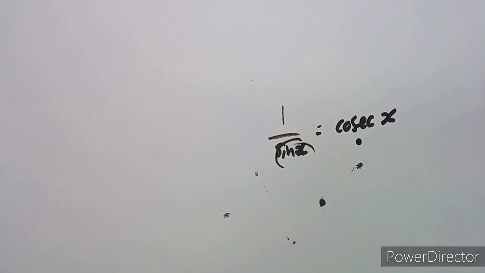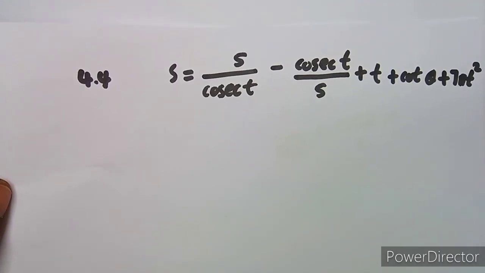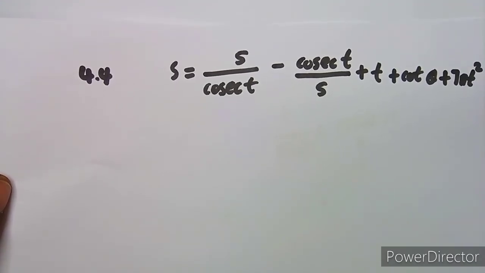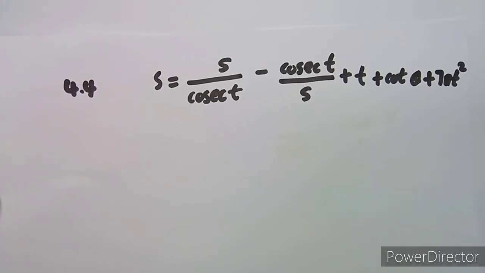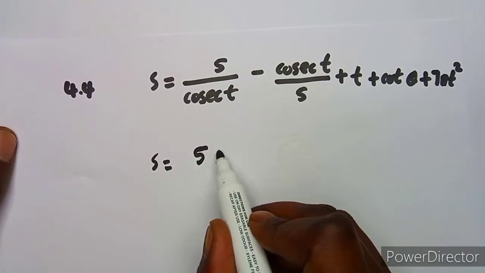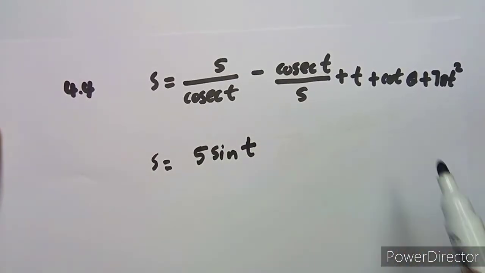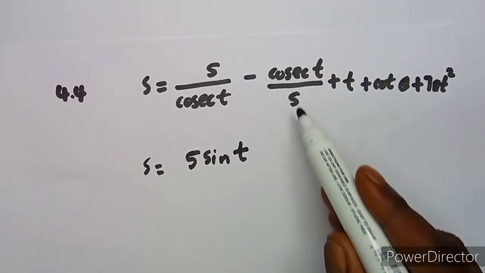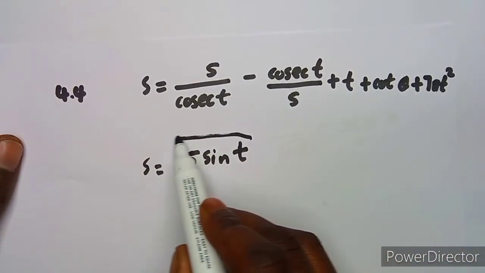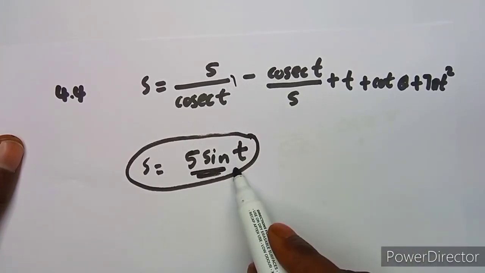So whenever you see 1 over cosec, it's going to be sine, because 1 over sine is what? It's cosec. All right, I hope you understand. So S is going to be 5 sine t. Take note, we haven't started to differentiate. I'm just rewriting. Okay, in fact, let me just differentiate. This part here is going to give us 5 sine t.